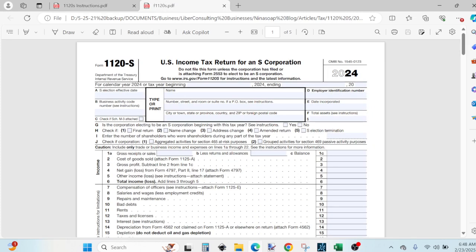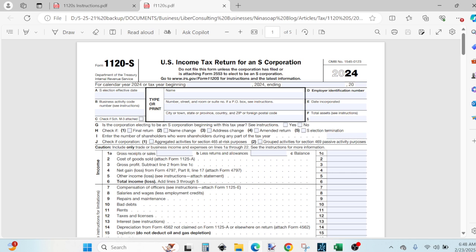And here you'll put your business EIN number and the date you registered with your state to create your business, whether it is an LLC that later elected to be taxed as an S-Corp or an S-Corp straight. And your total assets.